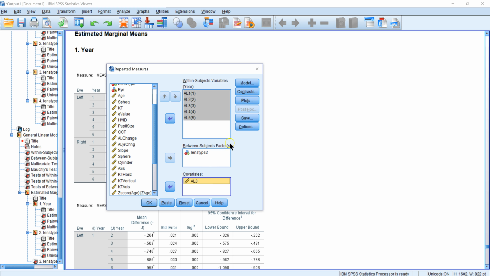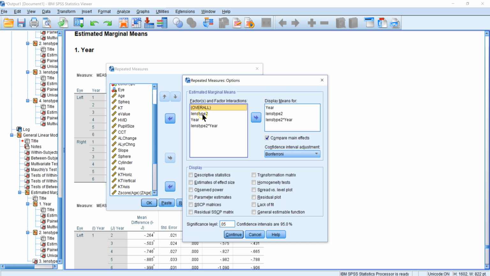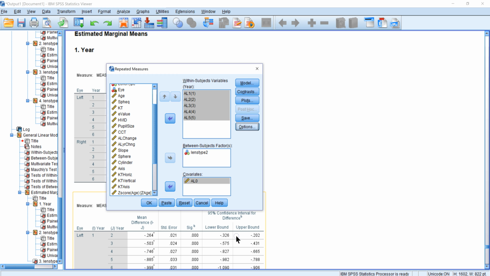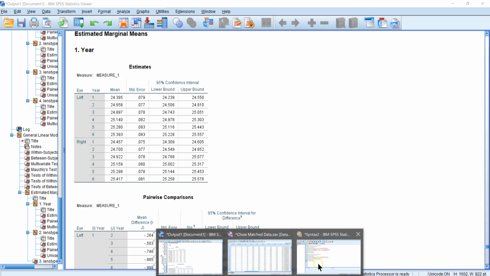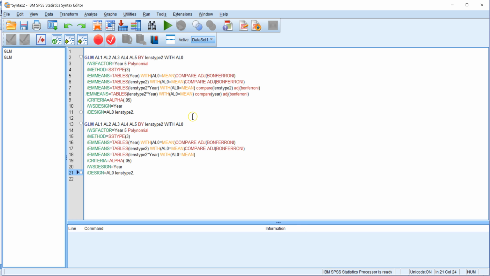And so our options, again, we have the lens type, year, and now we can paste this into our syntax so that we can again modify it, here it is up here.